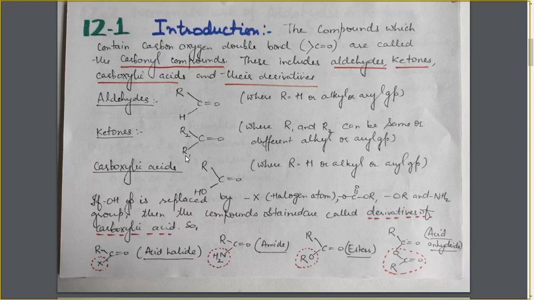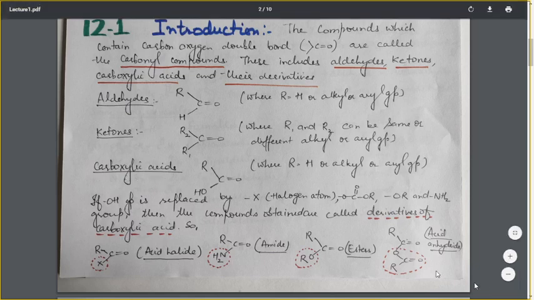In case of carboxylic acid, on one side there is permanently an OH group, whereas on the other side it can be carbon or hydrogen.